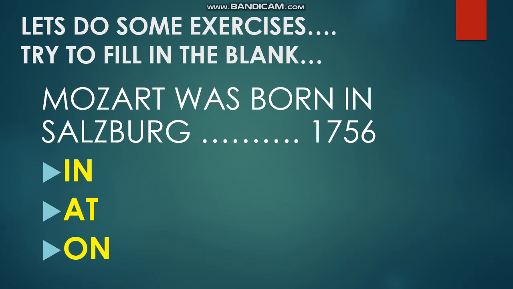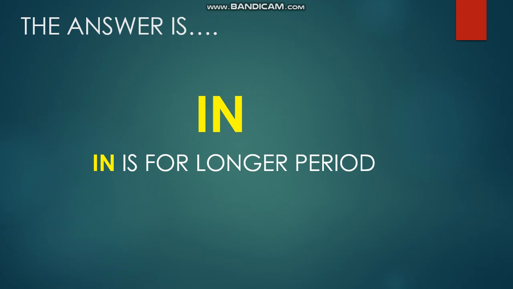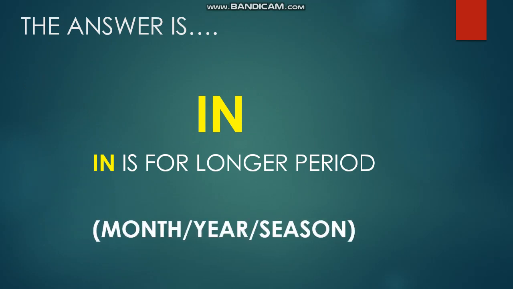When we talk about years, is it the time of day, days and dates, or a longer period? Let me show the correct answer. The answer is in. Why? In is for longer periods: month, year, or season. Because that sentence mentions 1756, which is a year, a long period, the answer should be in.